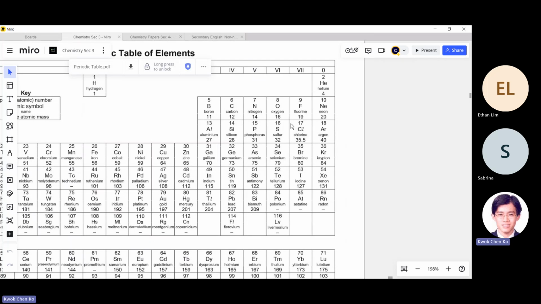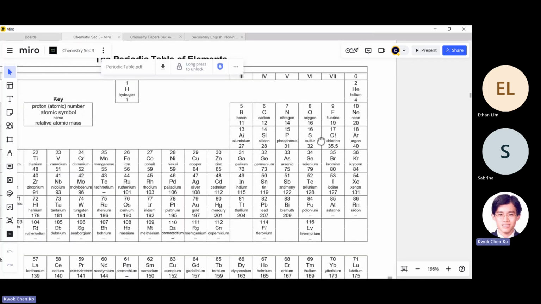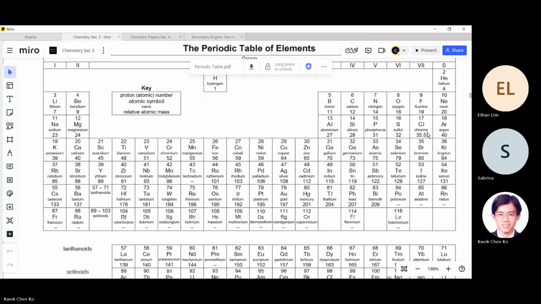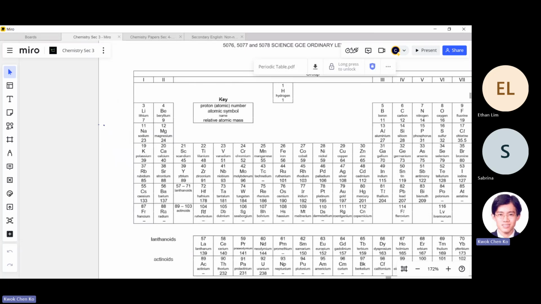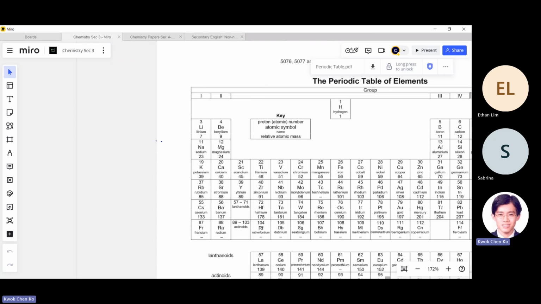How about period? Richelle, what is common within a period? Let's say period 2, all these guys, period 2. What is common among them? Okay, but let's be a bit more precise.